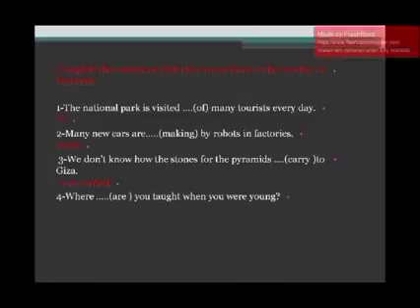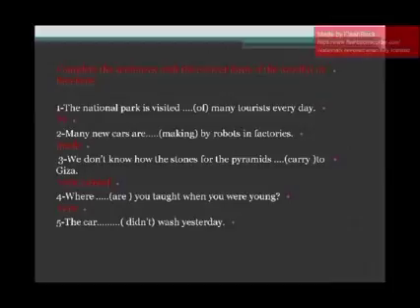Number 4, where are you taught when you were young? Also, the sentence is in the past, so we should use was or were. Which one is correct? Here we have you, so we must use were and not was. Number 5, the car didn't wash yesterday.